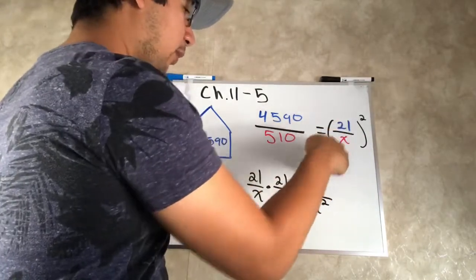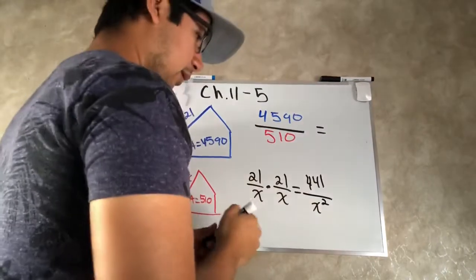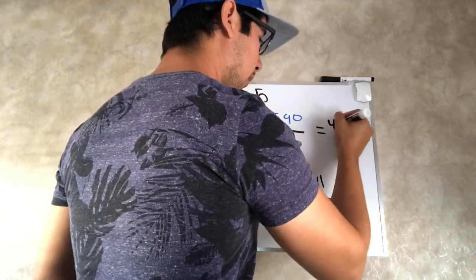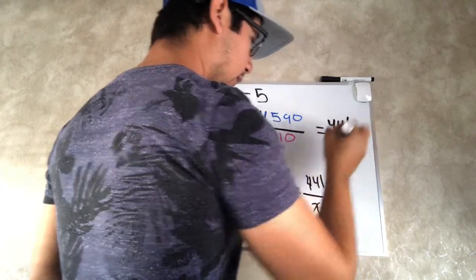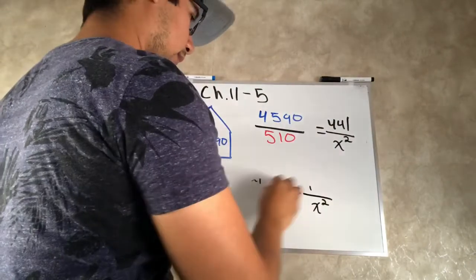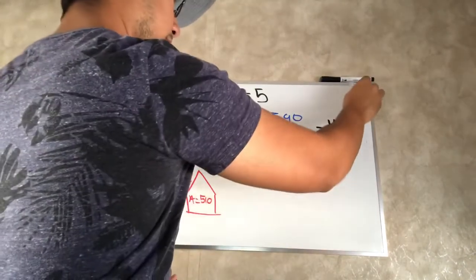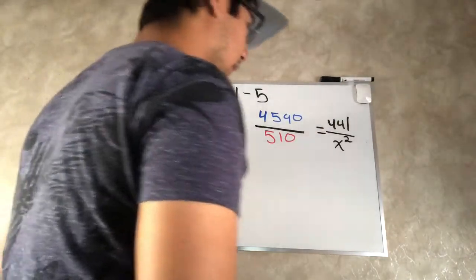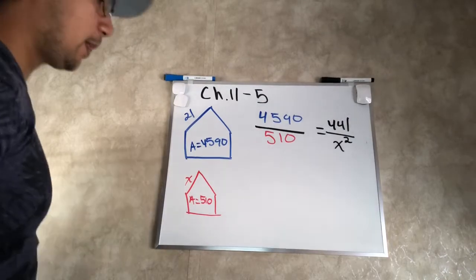So now 21 over x equals this, so I'm gonna write that instead. 441 over x squared, and then do the same thing, you cross multiply.